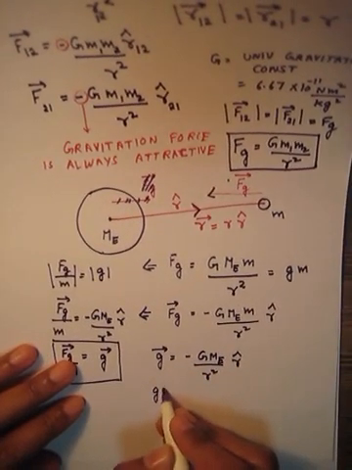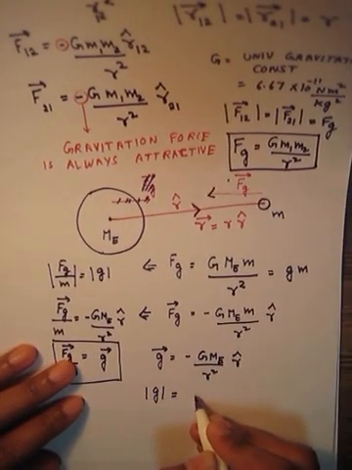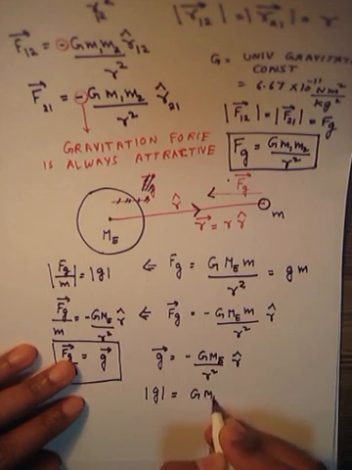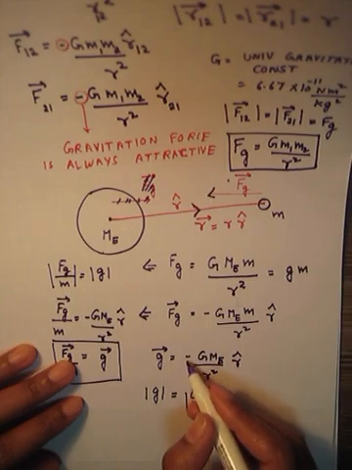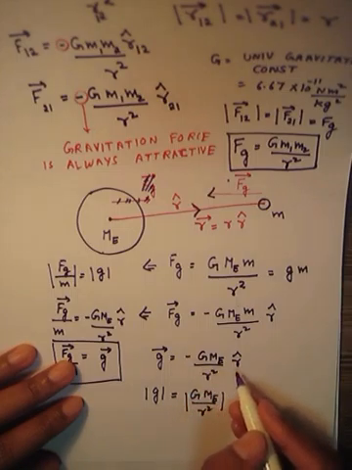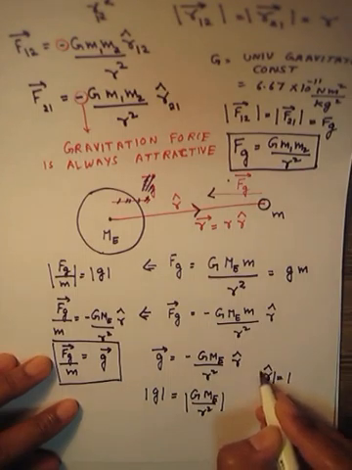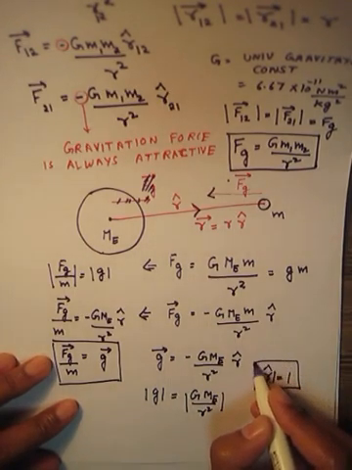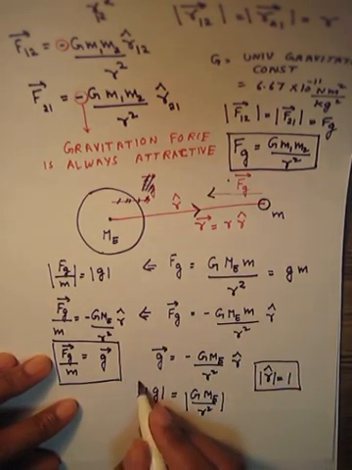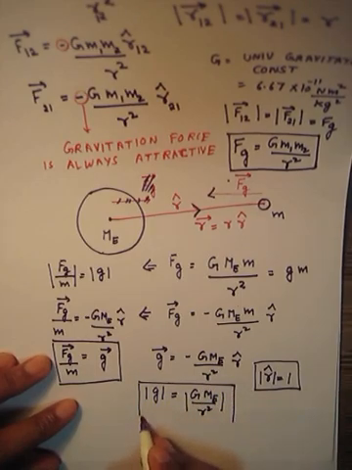And if we have to find the magnitude of small g, it will be capital G Me upon r square, because negative will turn out to be positive and a unit vector has a magnitude of 1. So g will be this.